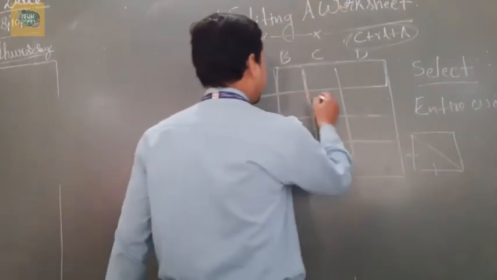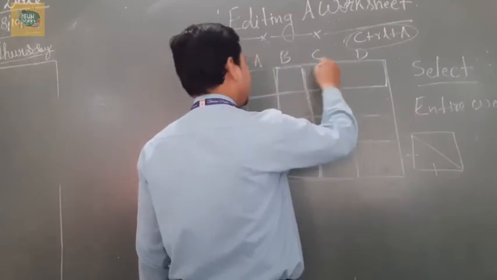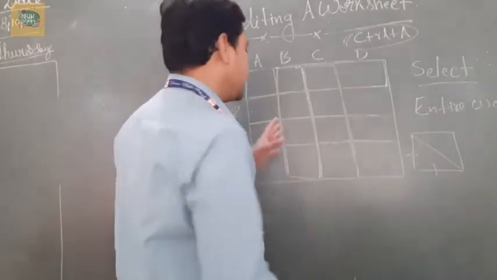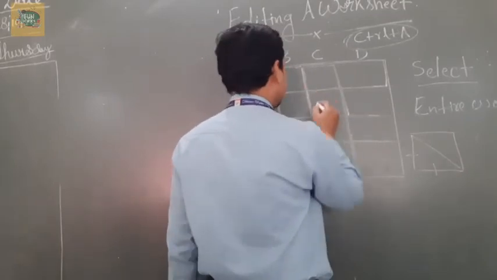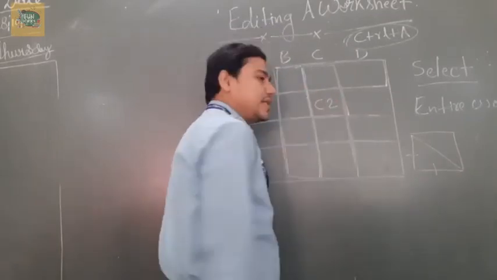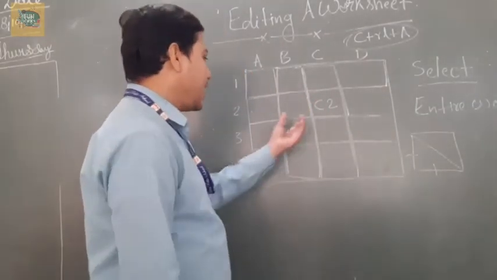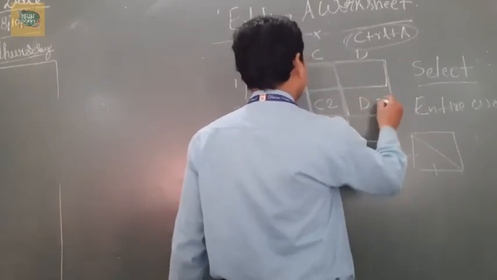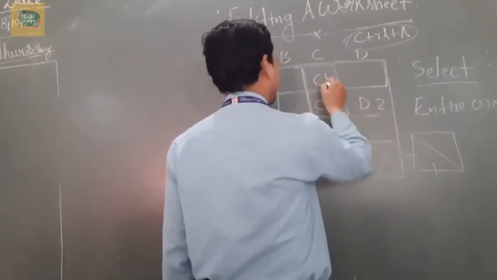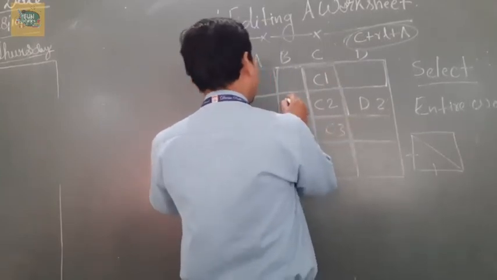Now, adjacent rows and columns. See here, this is the row, and this is a cell. Suppose that this cell name is C2. Now we have to know what each neighboring cell name is. This cell name is D2. This cell name is C1. This cell name is C3, and this cell name is B2.